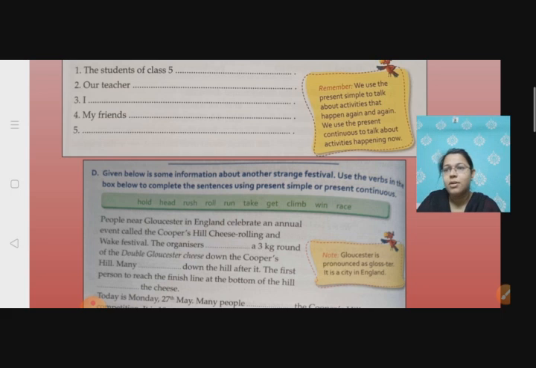Fourth one, my friends are playing basketball right now. So here students, it indicates the activity which is going on right now. And the fifth sentence, you have to write it by your own. And these 4 sentences also you can write by yourself.